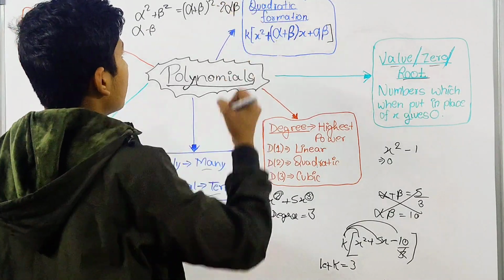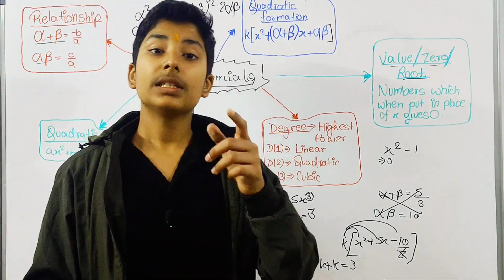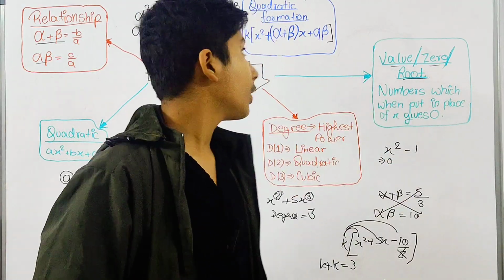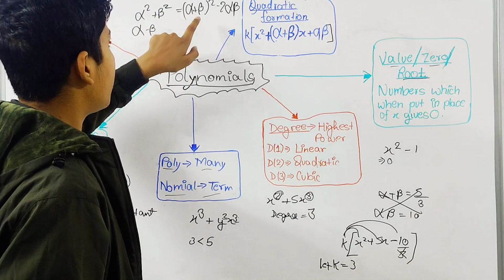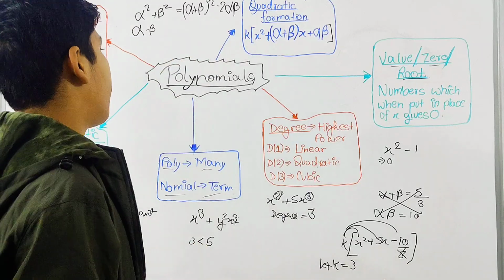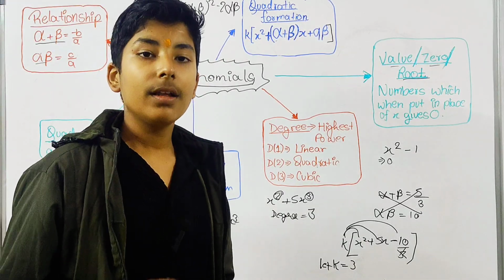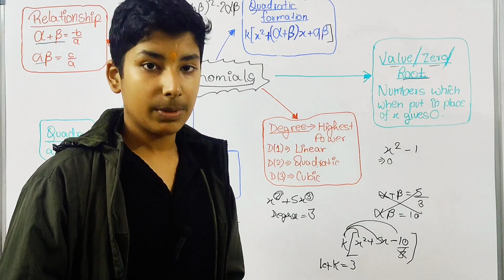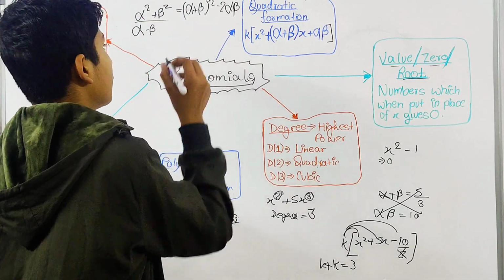How is this? See, we know the formula which is a plus b whole square, which is a square plus b square plus 2ab. And when you solve this, it is alpha square plus beta square plus 2 into alpha beta. And here is minus 2 into alpha beta. So 2 alpha beta will get cancelled and there will be only one thing remaining, which is alpha square plus beta square, which we had to find out.